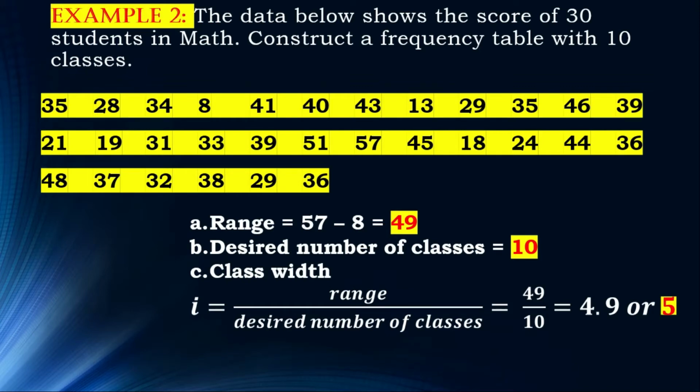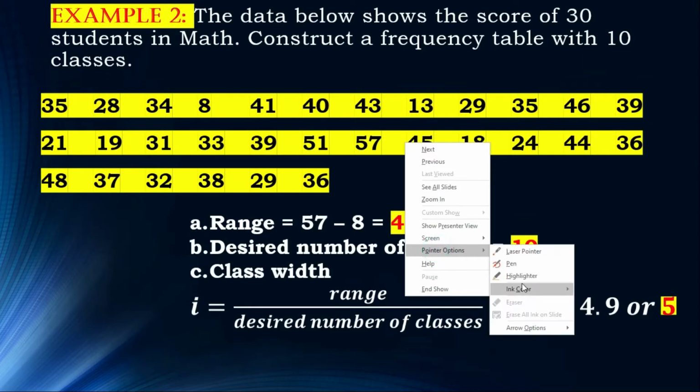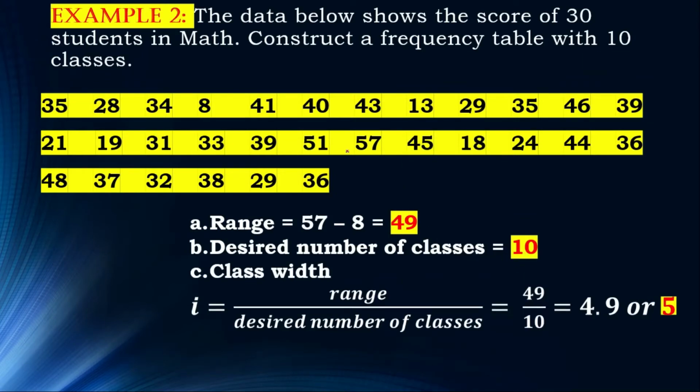What is our highest score here? Okay, wait. Our highest score is 57. So 57 is written here. And our lowest score here is 8. So first, let's get the range of the given set of data.